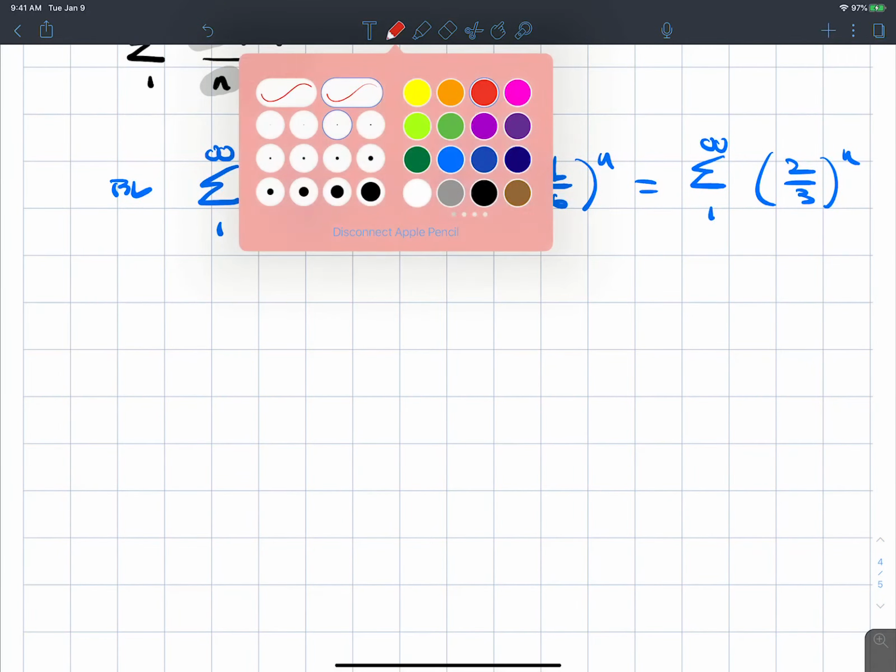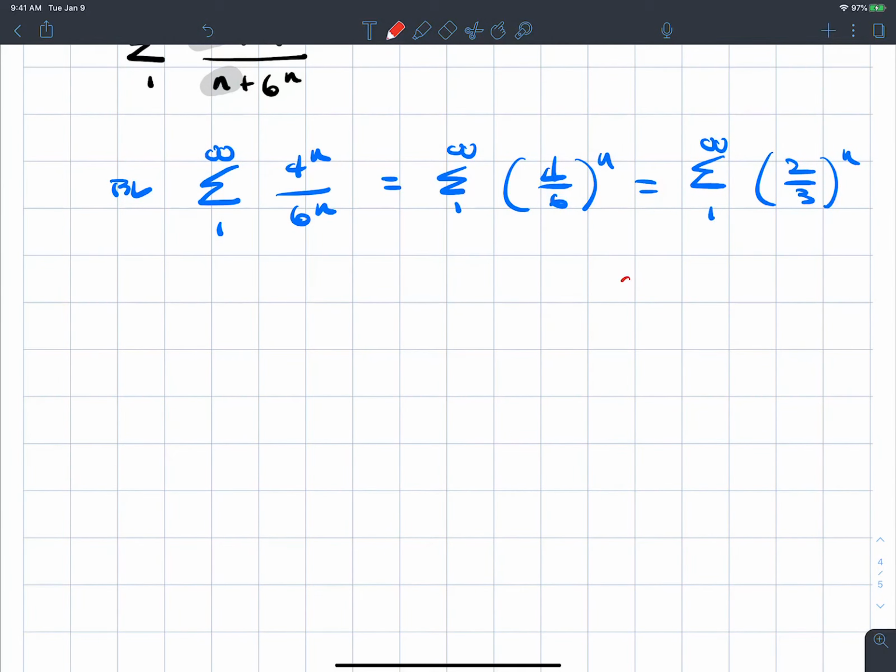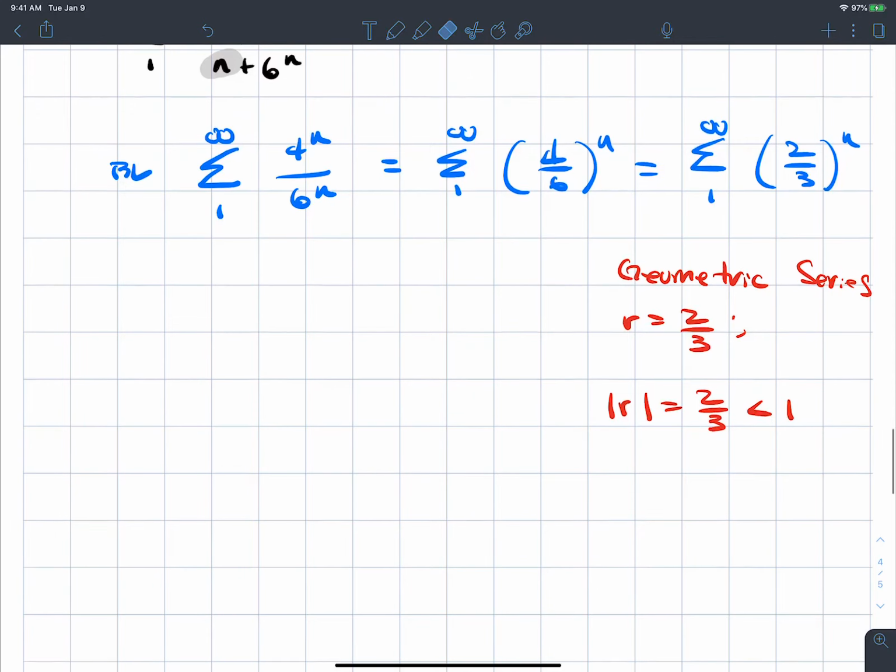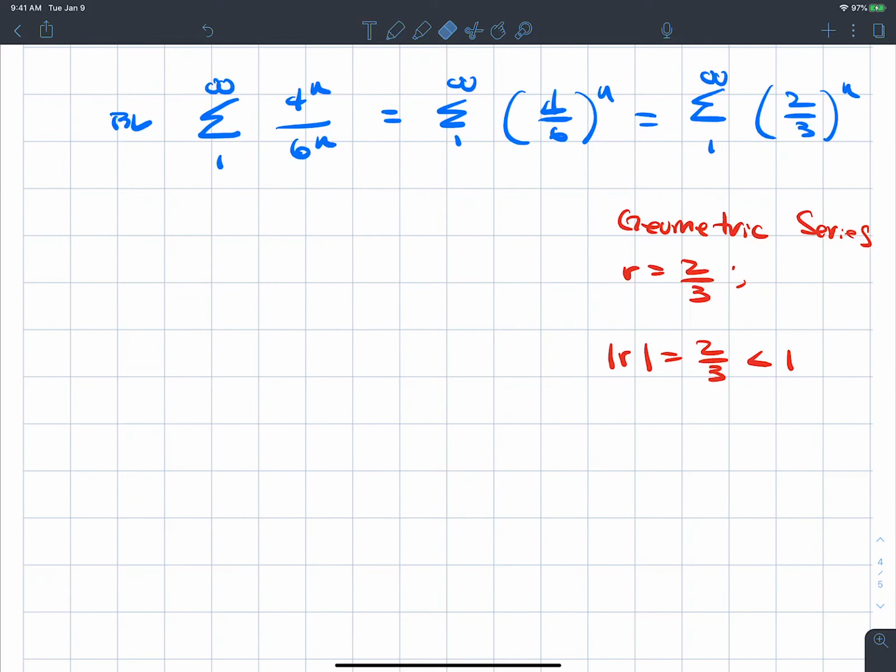And what you're seeing here now is a geometric series, where r here is 2/3, and we know the absolute value of r, 2/3, is strictly smaller than 1. And this is a convergent geometric series. So this converges.